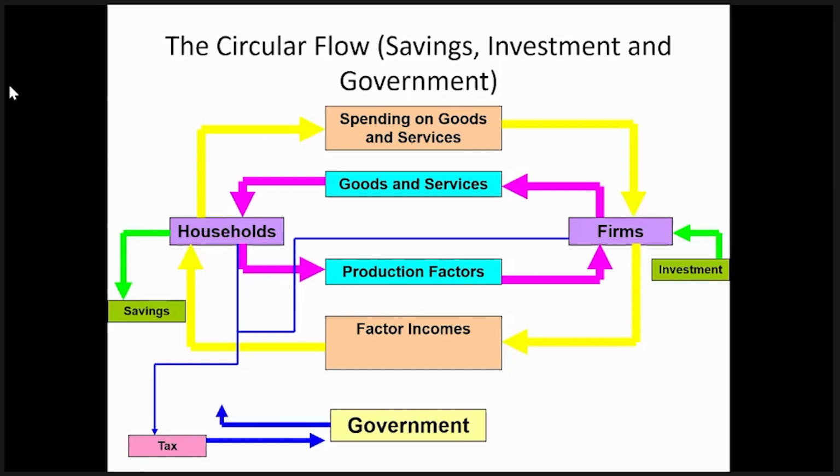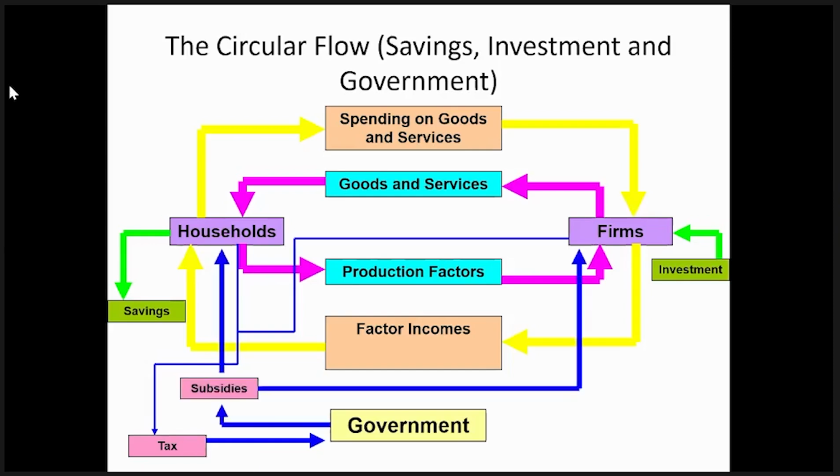And then government will provide subsidies. Using the tax, what government does, it will be providing subsidies to the households or to the firms, like fuel subsidy. So government provides fuel subsidy, which goes to the public. Or maybe another program like Samurdhi. So government finances the Samurdhi program, where we are giving subsidies to the poor people.